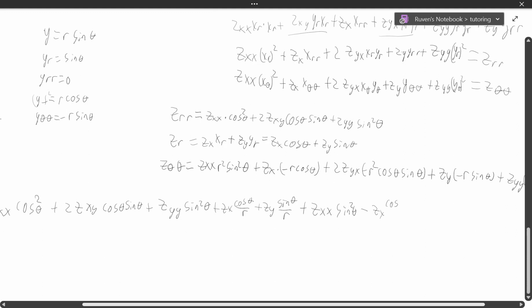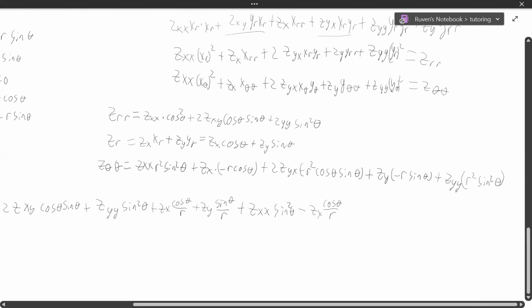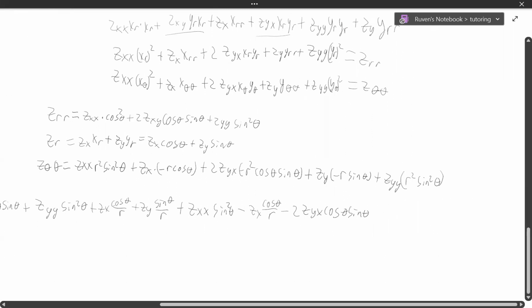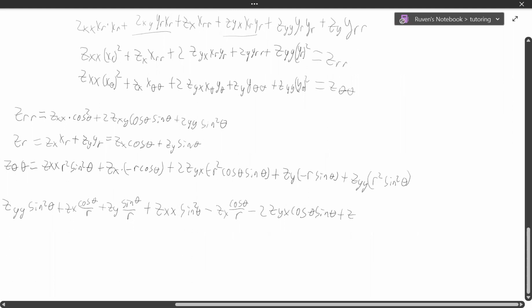So it's going to be cosine theta over r divided by r squared over here. It's going to be negative 2 z_xy cosine theta sine theta, again divided by r squared here. So plus z_y. Again, it's a minus there.